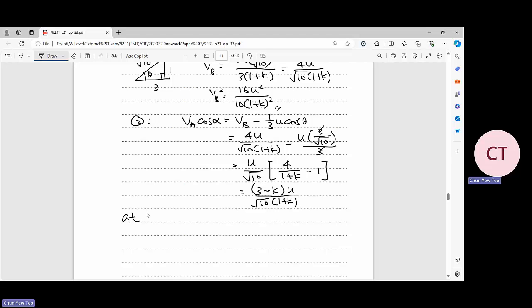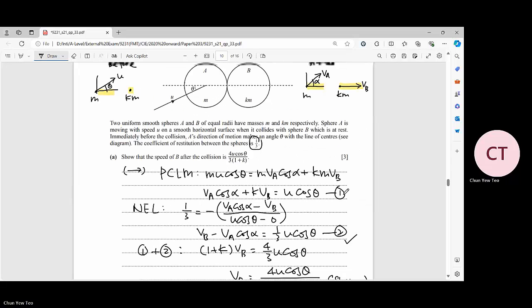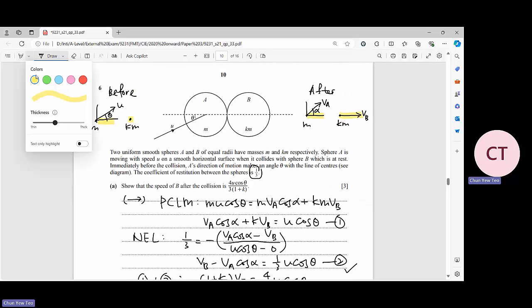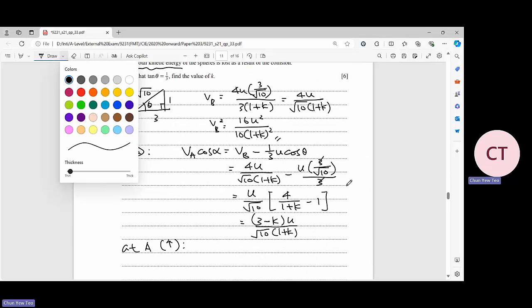Then at A, I need to find VA sin alpha. So at A, I consider the vertical component. This is the vertical component. You can see that the vertical component for A before and after should be the same because it is not involving collision.